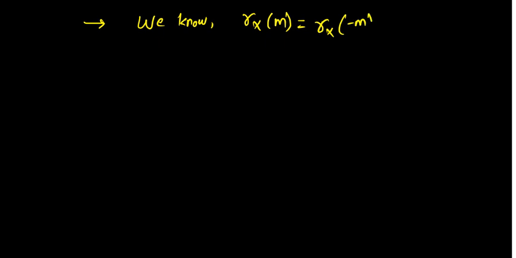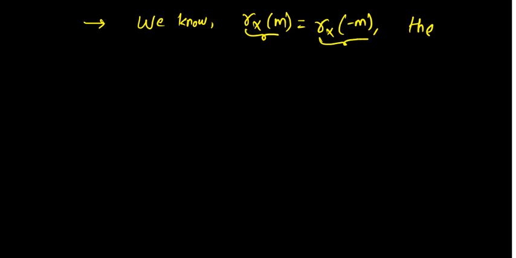I'm not going to prove it, but you can accept without proof that we know Rx of m is symmetric, so it equals Rx of minus m. This is the actual one, not the estimator.